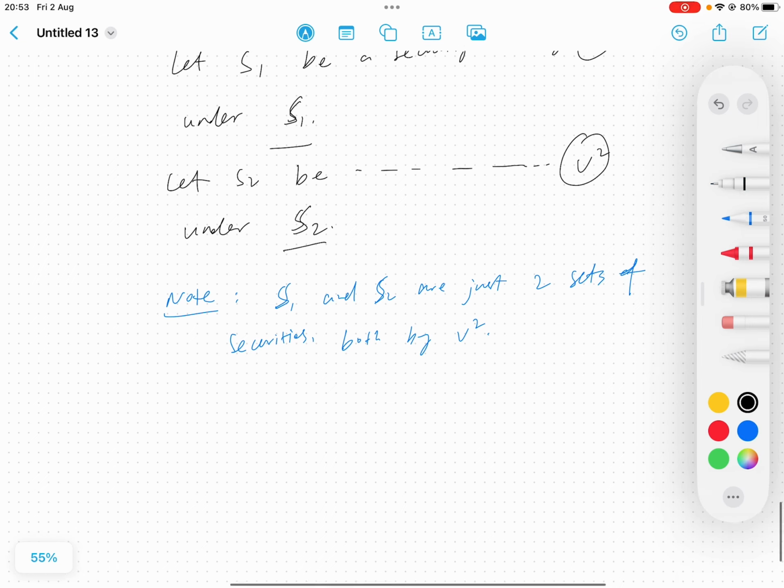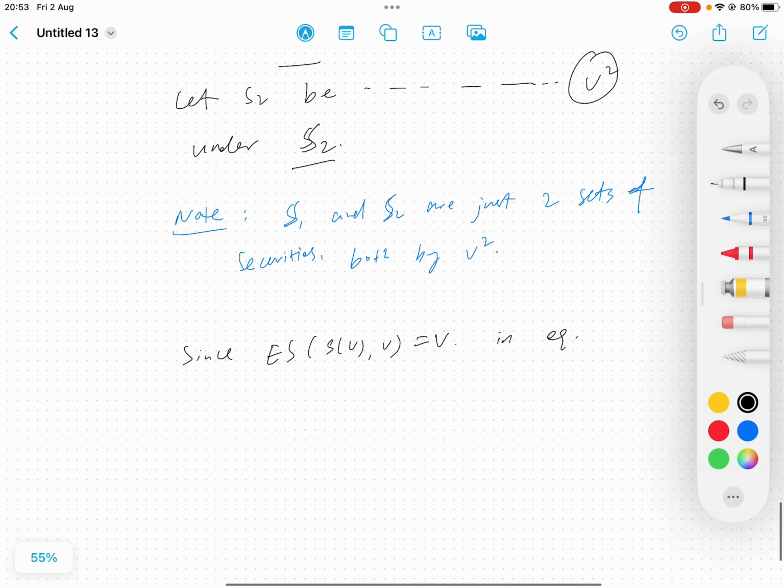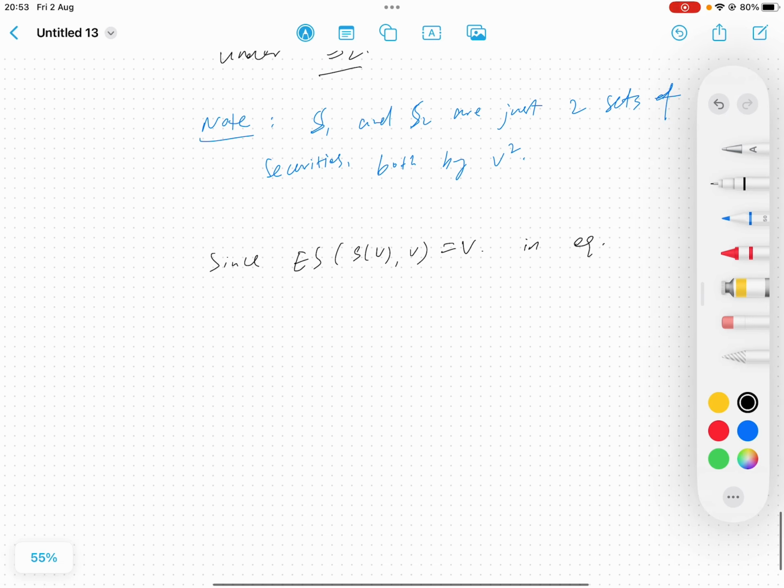All right. Because in the second price auction, in the equilibrium, we know that ES of V is V. And that should be true for any set of securities, right?